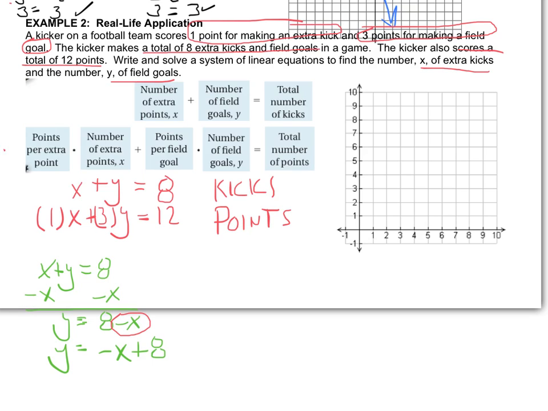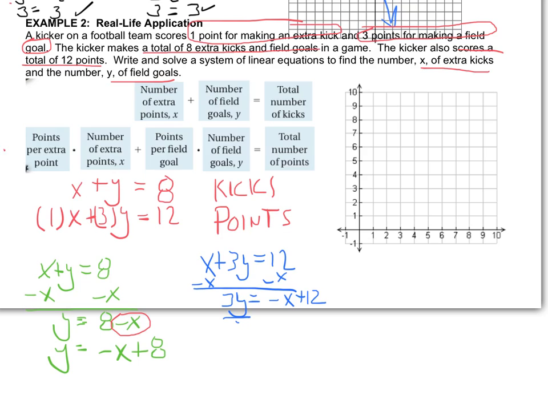The second equation is going to be x plus 3y equals 12. Again, we're solving for y. So I would first move the x to the other side, and I'm going to rearrange this correctly from the beginning to get negative x plus 12.